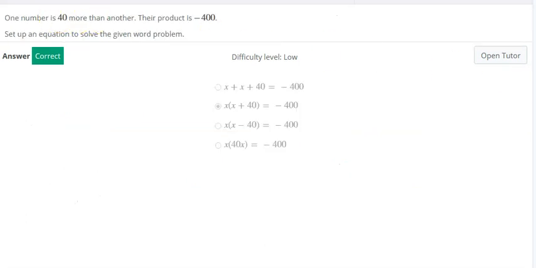Again, now in this example, and another one that we did, very similar to this, one number, this is one number, and the other number is 40 more than this. And their product is a negative 400.